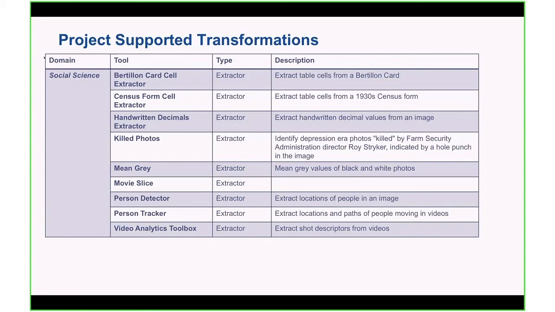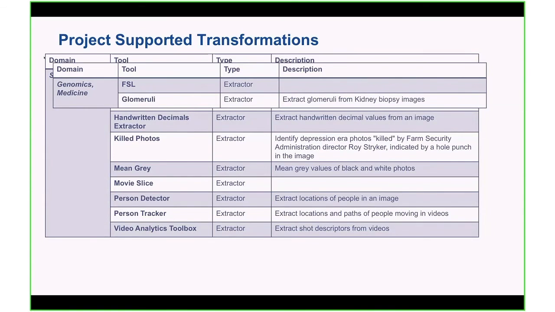And then a bunch of other project-supported transformations we've accumulated over the years working with the scientific community. So stuff in social science, for example, work with videos, cinematography, extracting shots, finding similar shots, information for that kind of stuff. Finding images with certain characteristics. There's counting the people in them, who's talking to who, stuff like that.